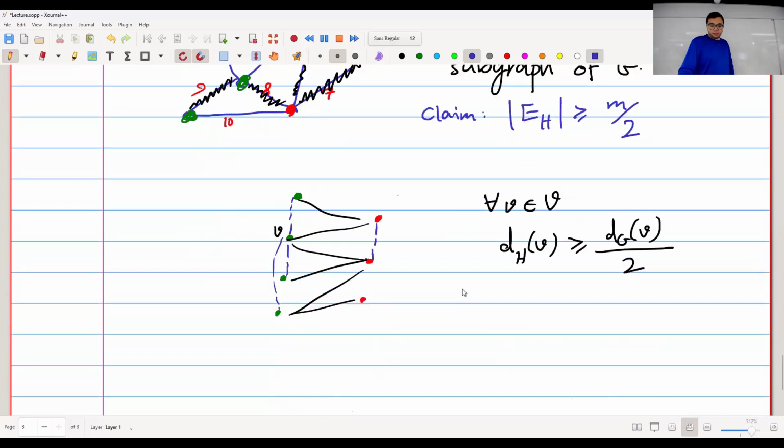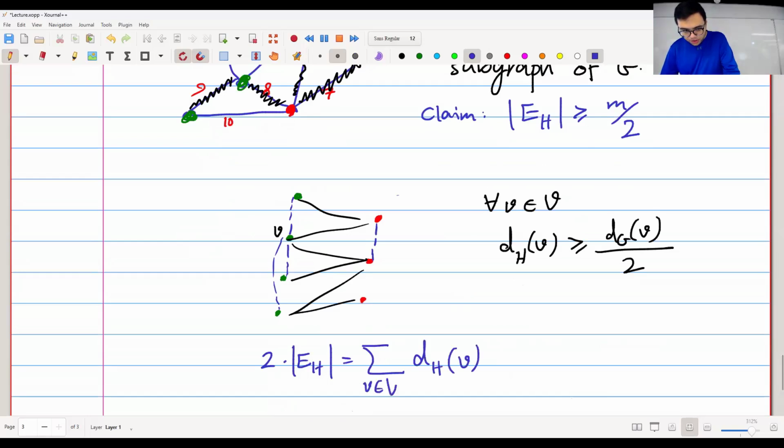We had this very simple lemma, which said that in every graph, the sum of the degrees is twice the number of edges, right? So if I take twice the number of edges in H, that's just the sum of the degrees of the vertices in H, right?